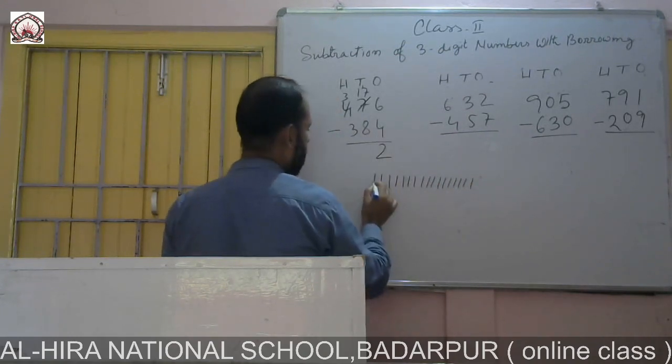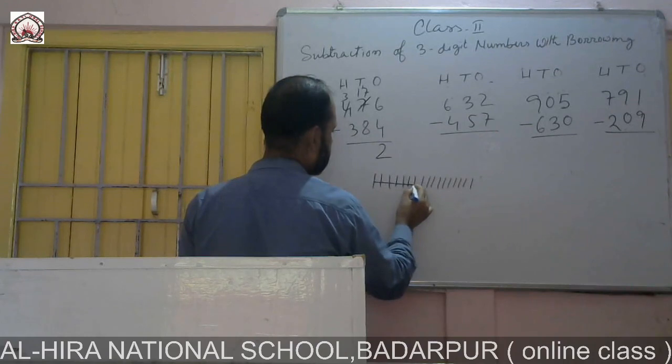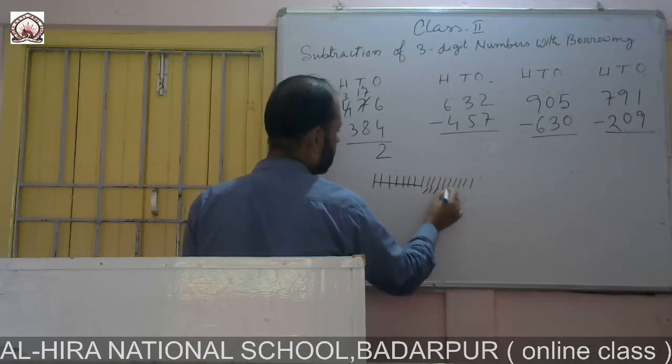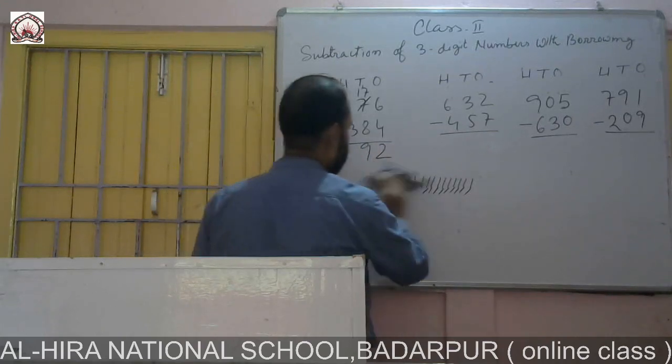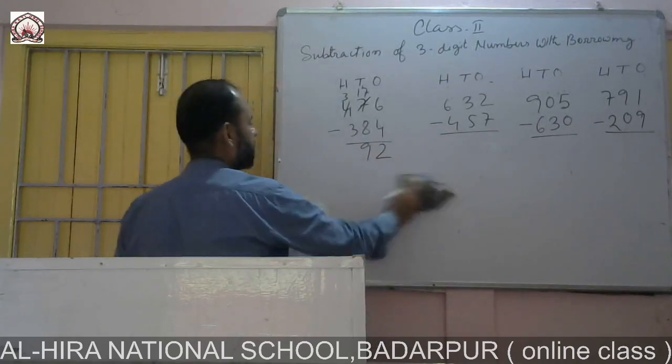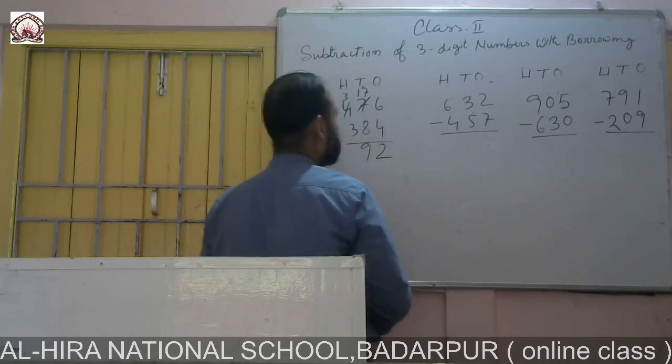We cut 8, 1, 2, 3, 4, 5, 6, 7, 8. It is 9 and there remain 3. 3 minus 3 is equal to 0.